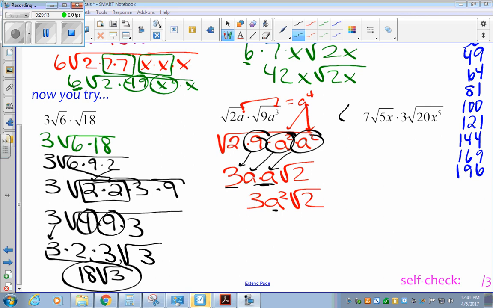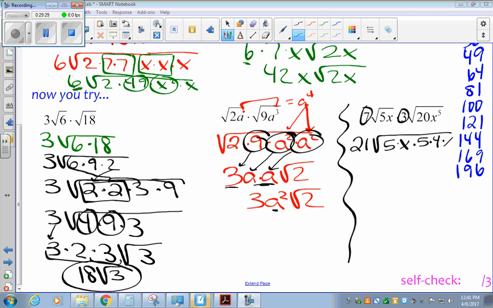Looking at the last one. If it's out front, we just go ahead and combine them out front. Okay, so 20 is 5 times 4.